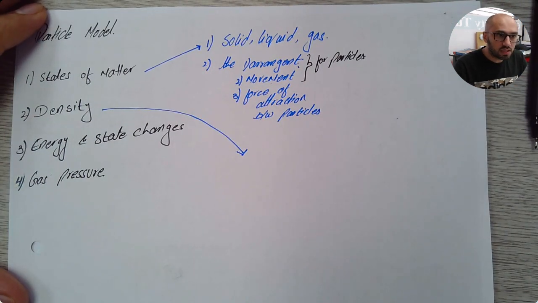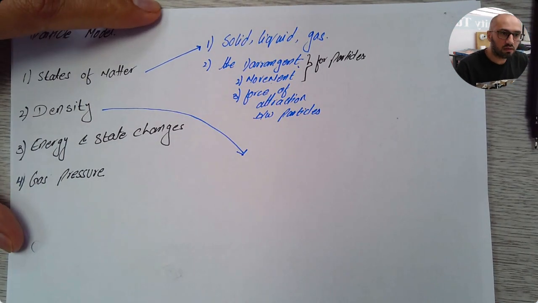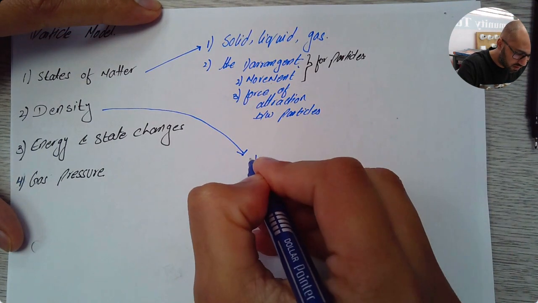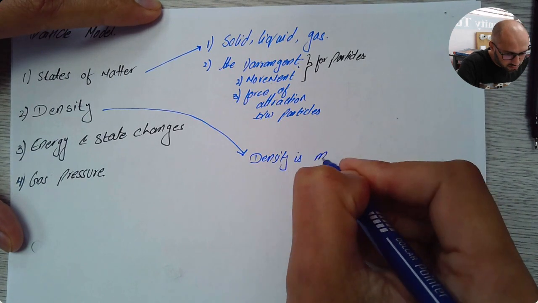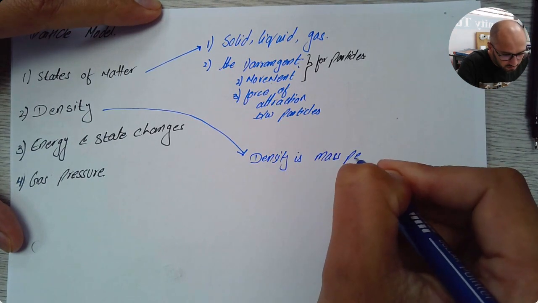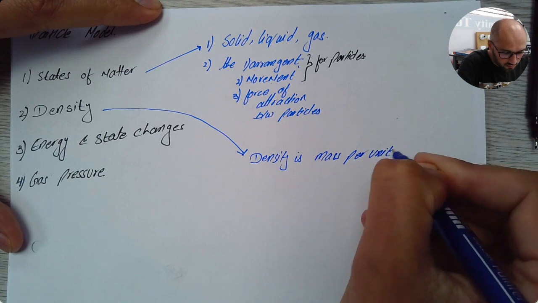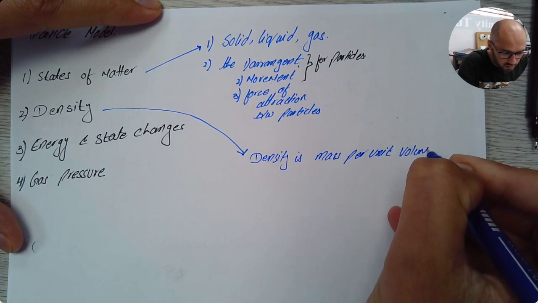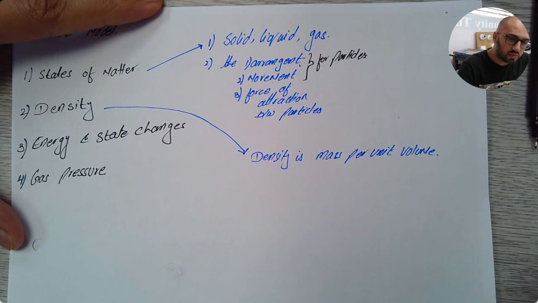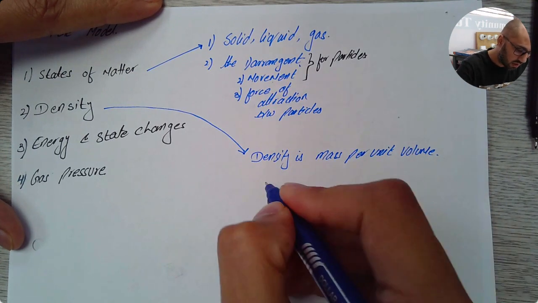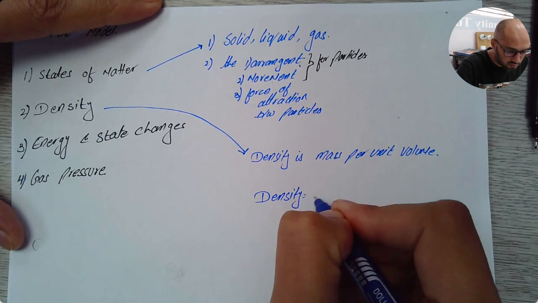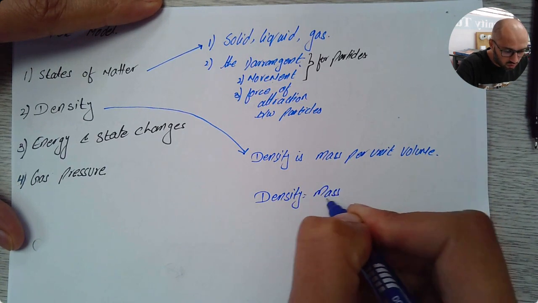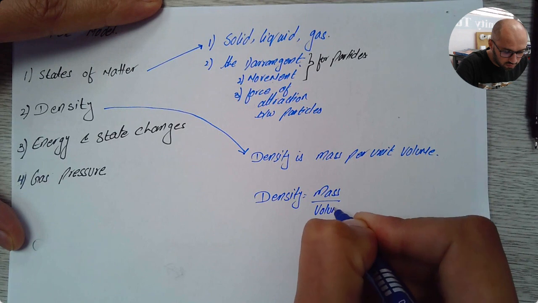From the section density, the first thing that we need to know is what is density. So density is defined as mass per unit volume. When it comes to density, there is an equation for it, and that equation is density equals mass over volume.